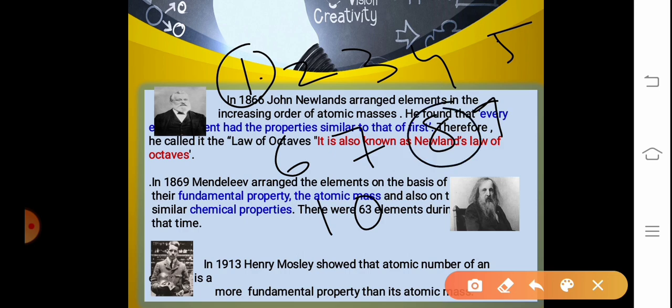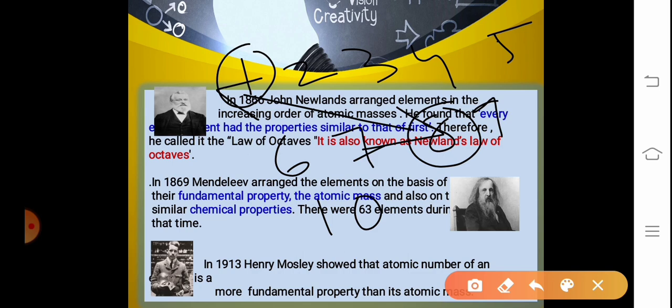The property of the first element and the eighth element are almost the same. So this was said by John Newland, and he also gave the name for this arrangement as the law of octaves. Presently it is also known as Newland's law of octaves.